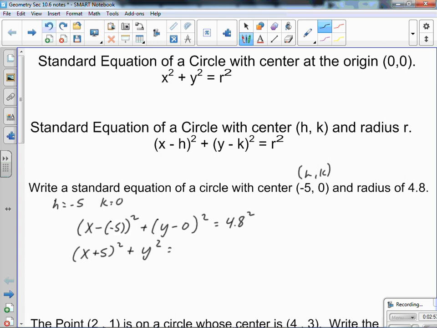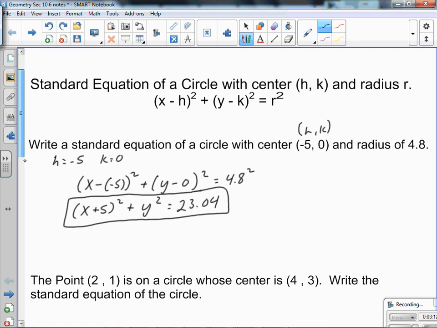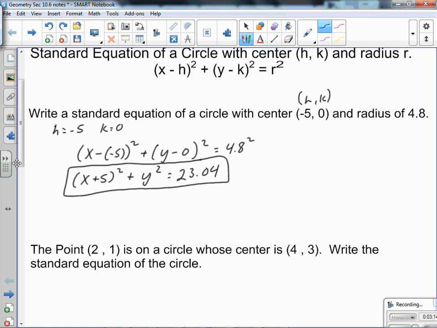And if we square 4.8, it's going to give us 23.04. So that's our equation. (x plus 5) squared plus y squared equals 23.04.